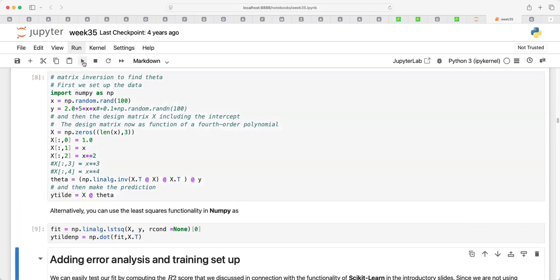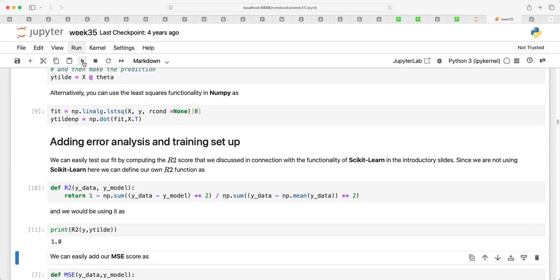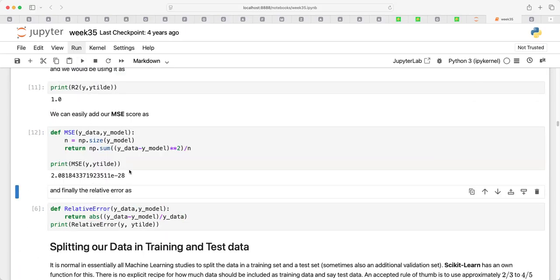So now I get 1 here, but if I look at this one, 10 to the minus 28. So when I imposed a 4th order polynomial, I got a mean squared error which was not as good as the one when I have exactly a 2nd order polynomial. 10 to the minus 28 is basically 0. So is also 10 to the minus 23.